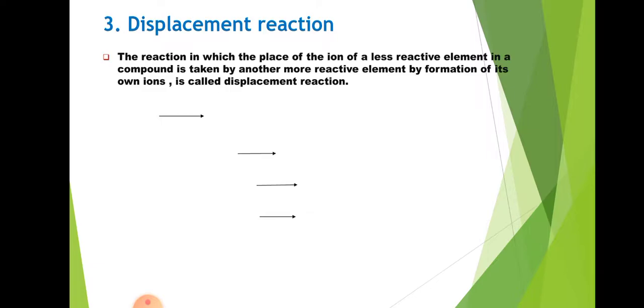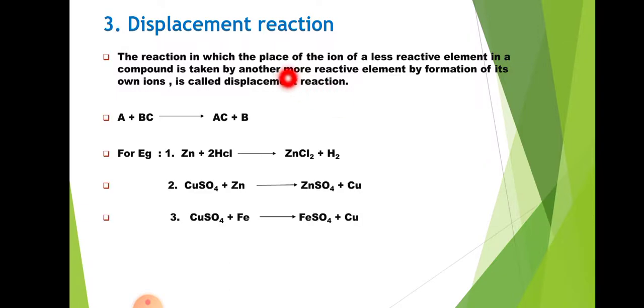Now in a displacement reaction, here you can see, first we are going to read the definition. The reaction in which the place of the ion of a less reactive element in a compound is taken by another, more reactive element by formation of its own ion is called displacement.